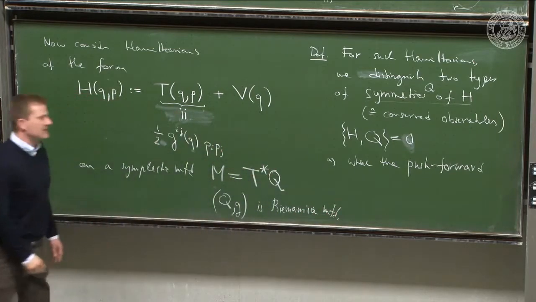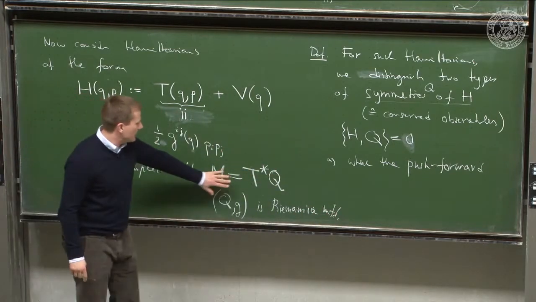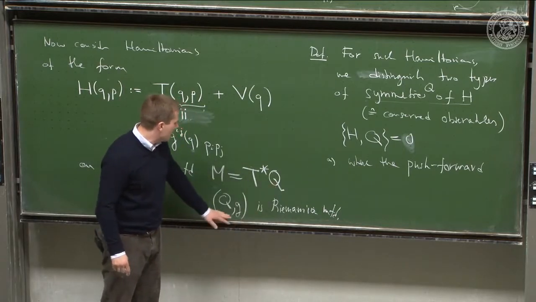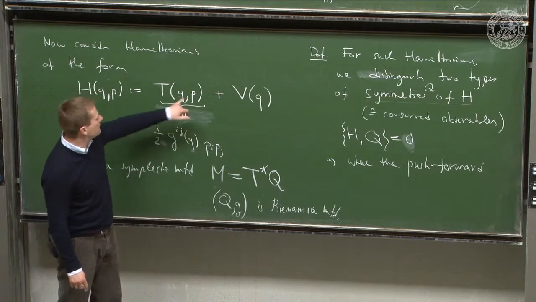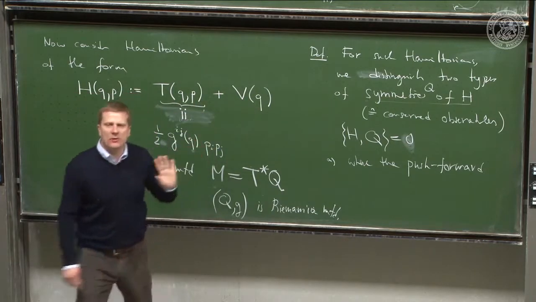So that is really the setting I look at. The symplectic manifold is the cotangent bundle of a Riemannian manifold, and I use the inverse of the metric on that Riemannian manifold to build this guy, and now I know where all the objects come from.